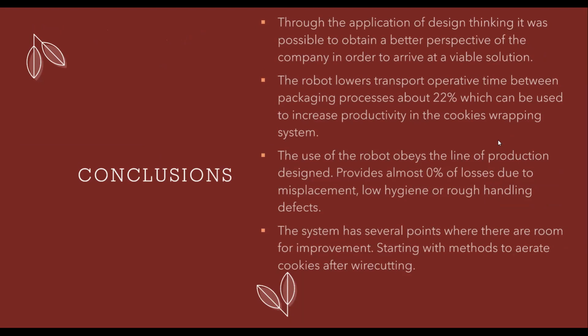The use of the robot provides almost 0% losses due to misplacement, low hygiene, or rough handling defects. And finally, the system has several points with room for improvement, starting with methods to arrange cookies after wire cutting.